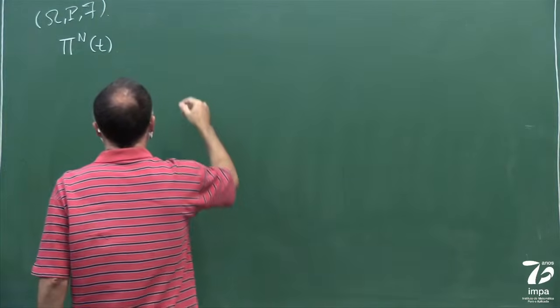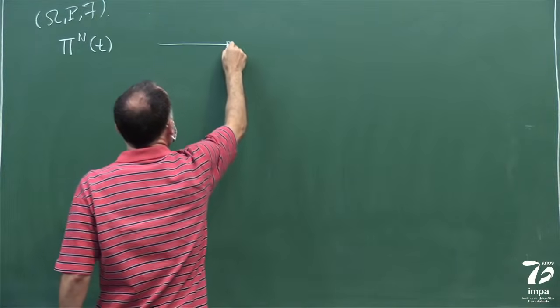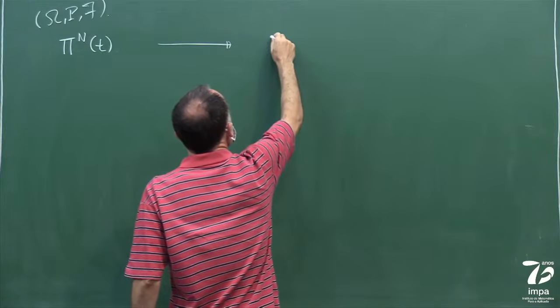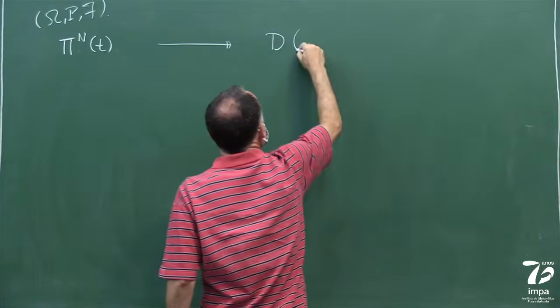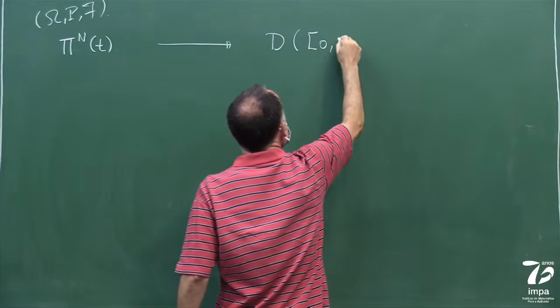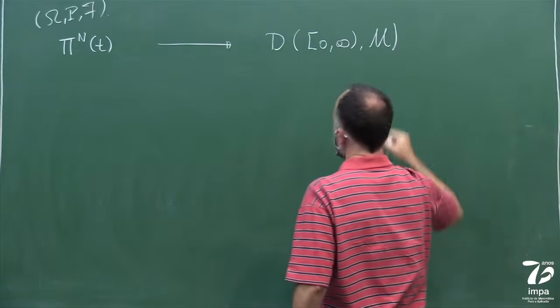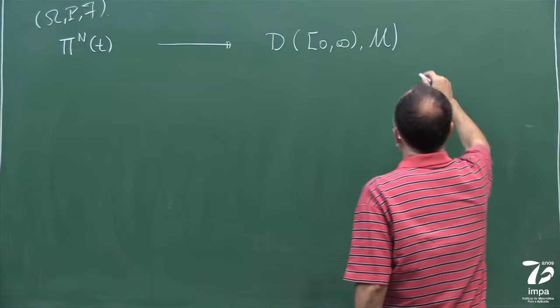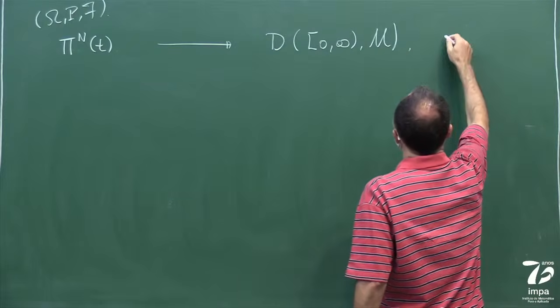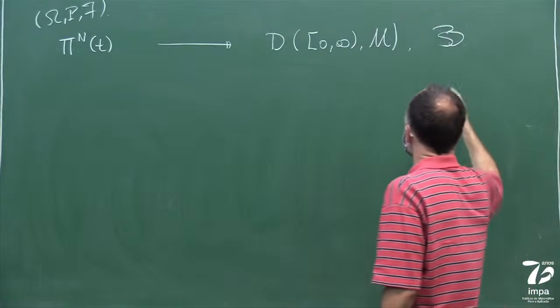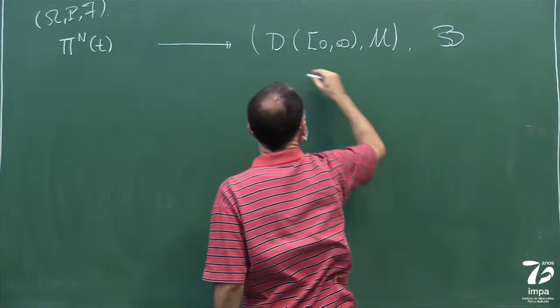So now with pi n, I can construct a measure in the space D([0,infinity), M), which is endowed with the Borel sigma field of this space.